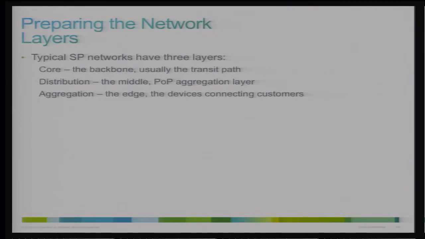The backbone, or the core, is usually a transit. So if you are a transit provider, traffic coming from one AS and transiting through your network to another AS only goes through the core. It doesn't go through the distribution or aggregation. So the distribution is the middle, or the POP aggregation, and then the aggregation is the edge where you have the DSLAMs and everything else.